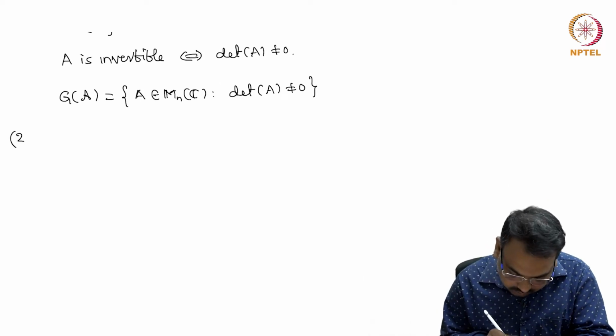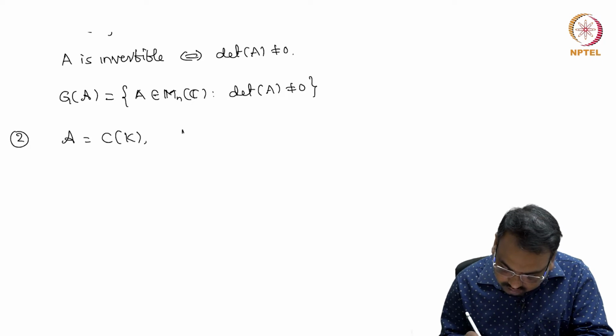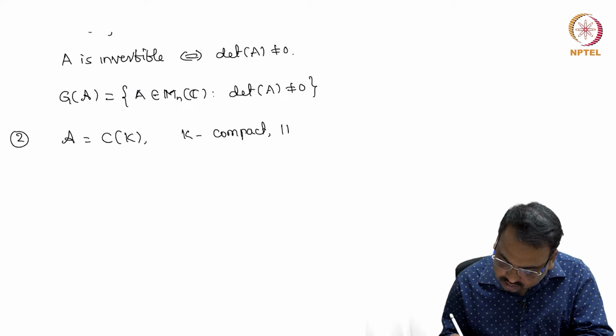The second example: let us take A to be C(K), where K is a compact Hausdorff space.